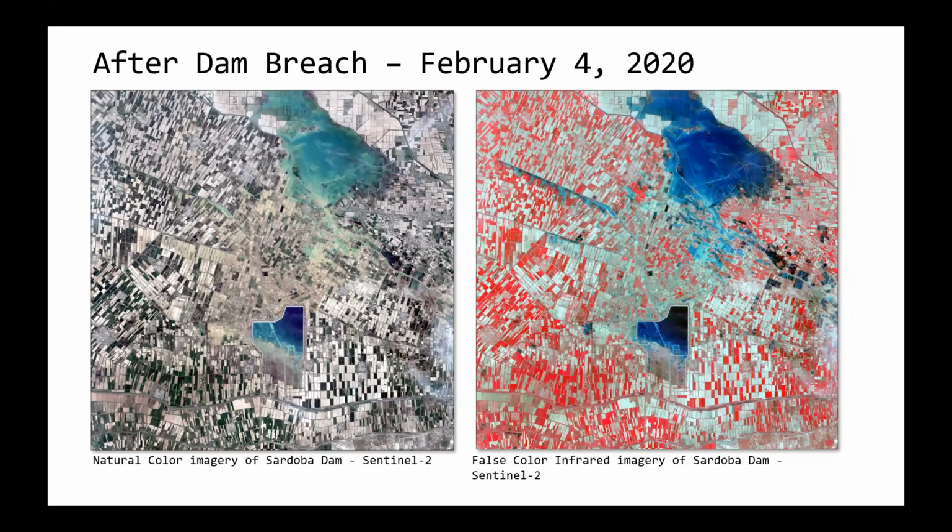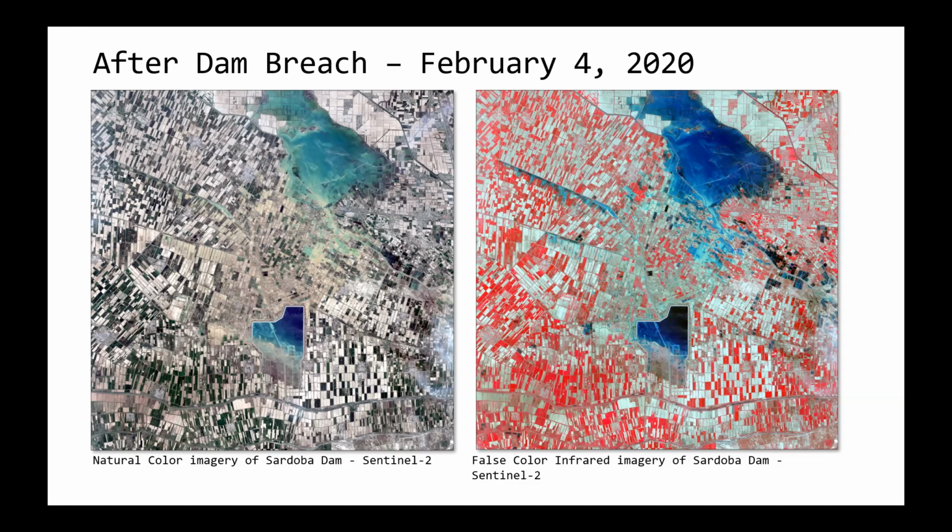This is an image post-breach. The reservoir breached on the western side and flooded the area to the north. And you can see there's obviously a large body of water, which was not present in the pre-imagery, a large area of land flooded.